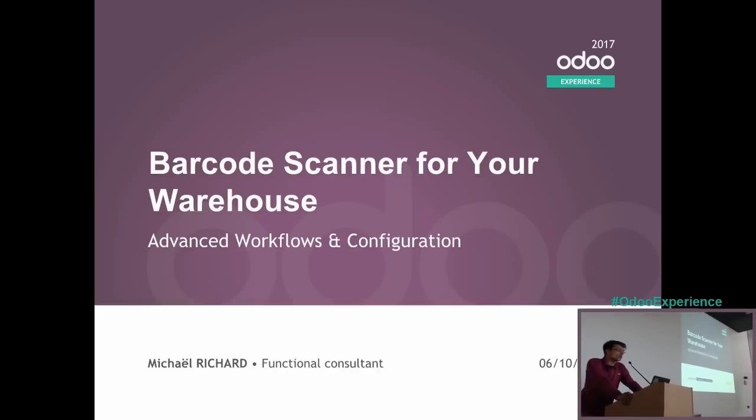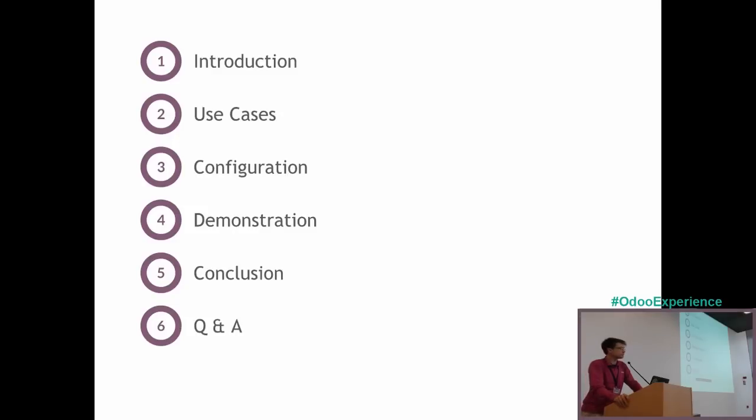Today's topic will be about the barcode scanner for your warehouse, advanced workflows and configuration. So let's review together what will be today's agenda. We will first have an introduction where we will see what are the main principles of barcode scanning in Odoo, what is the hardware that you should be using when you are setting up barcode scanner configuration with the Odoo app.